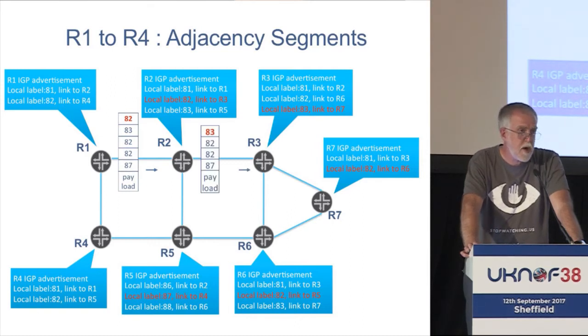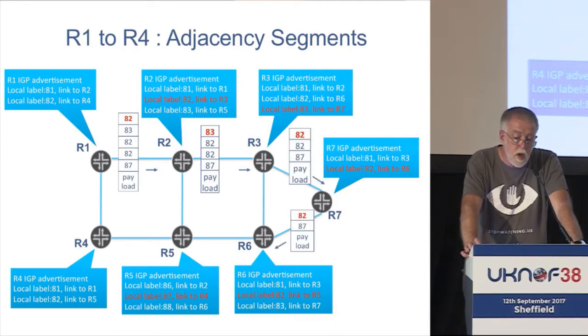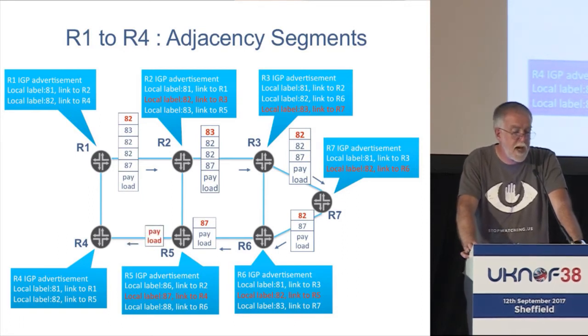And at the same time, I pop the label. So this is a pop and go paradigm in MPLS. And then 83 is revealed, so R3 knows which interface to send that out of, and so on round the network until R5 pops the last label, looks it up, and says, oh, that's going out of the interface to R4, and that's just raw payload.